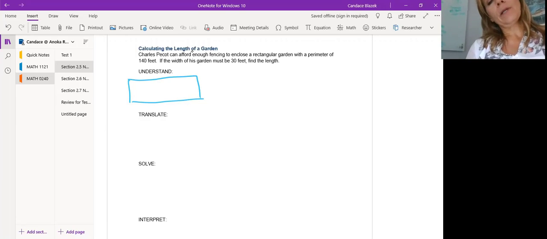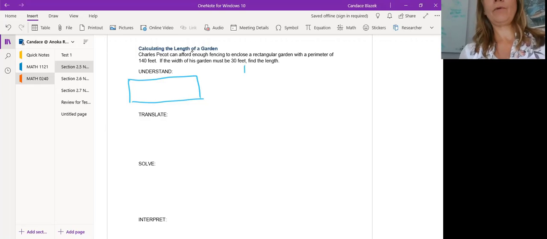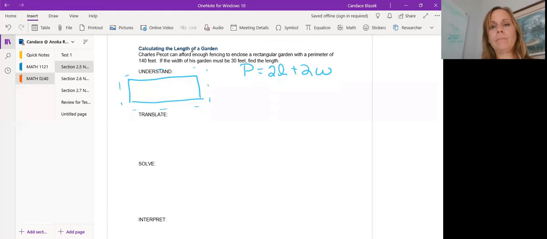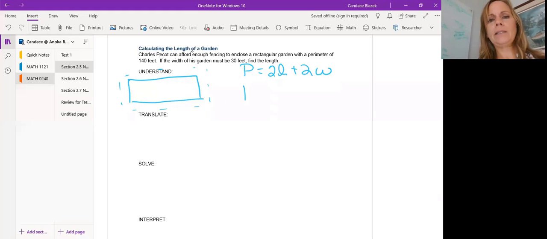So a couple of things that I know: for perimeter, the formula is twice the length plus twice the width. Perimeter is the distance around the garden. In this case, it would be the garden fencing. Another thing I know just from that first sentence is that he has enough fencing to fence 140 feet.